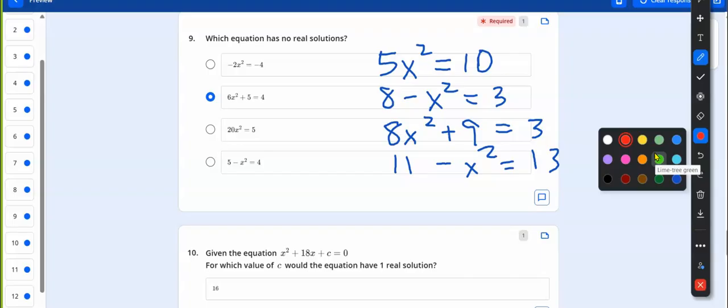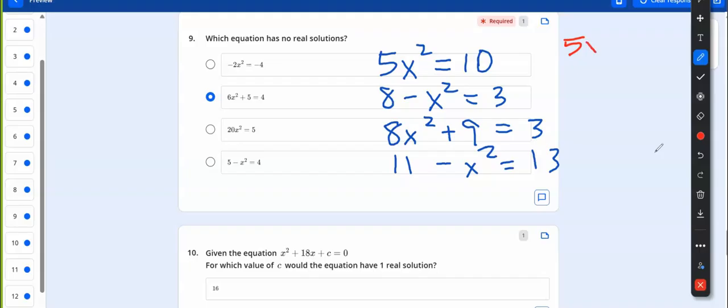I was kind of confused. How do you know what you're supposed to put in for x? You don't know what to put in for x because there's no answer. You have to solve each one of these equations. Remember, we're looking for the square root of a negative number. As soon as we see that situation show up, we know we're done.